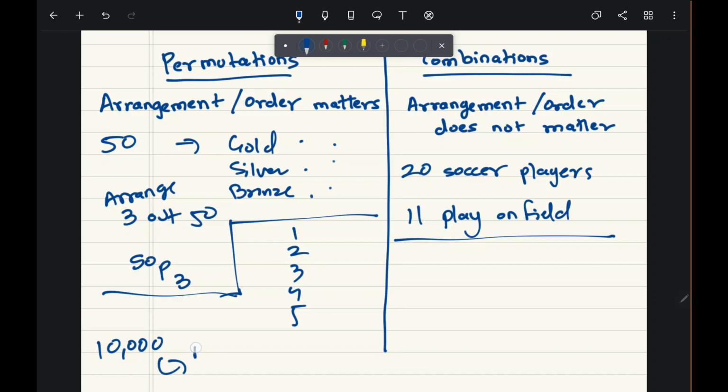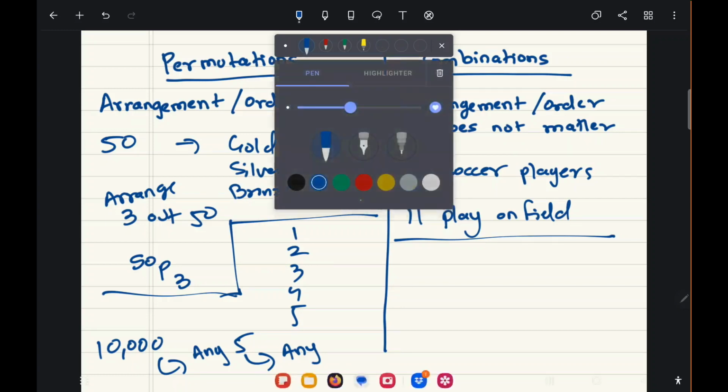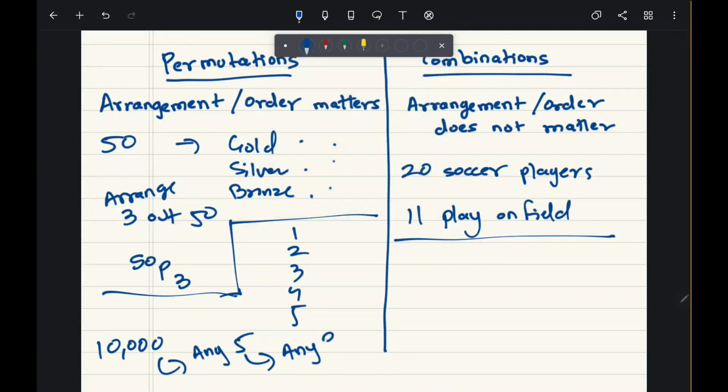Any five could win, and in these five, they could be winning any prize, first, second, or third, fourth, fifth. So that is basically what a permutation is. The order of selection or the arrangement of the choices that you made will matter. In combination, the arrangement will not matter.